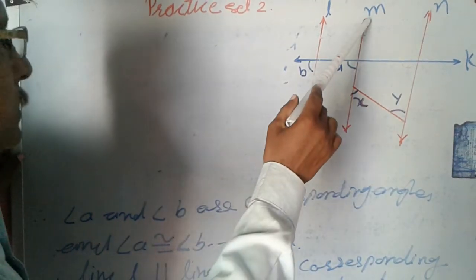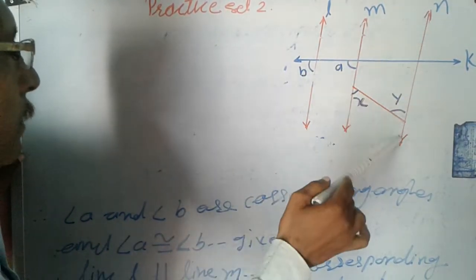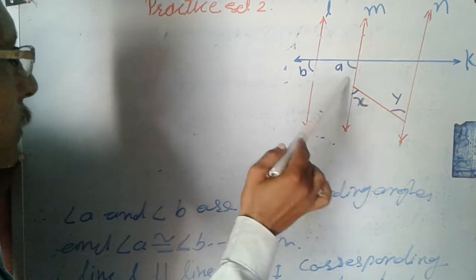Now consider these two lines, line M and line N, and this is their transversal.